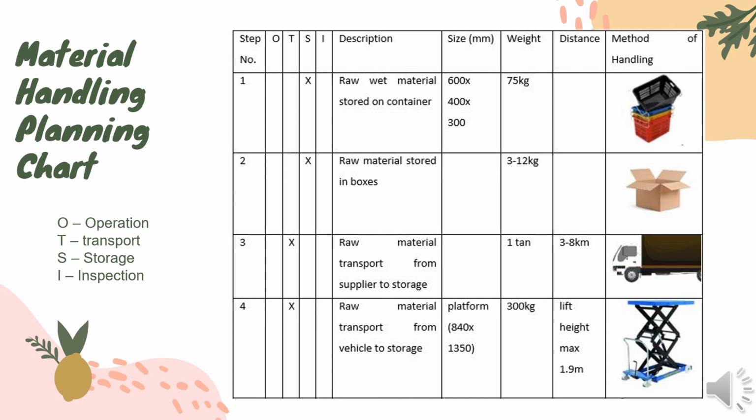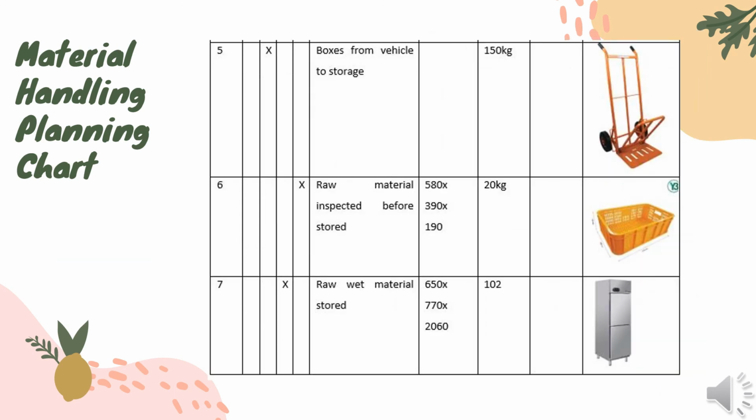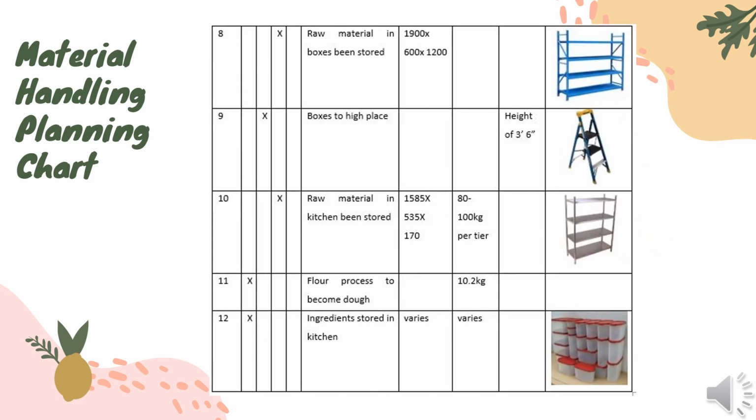The next one is raw material transport from vehicle to storage. We are using a manual hydraulic scissor lift trolley. We also use a sack trolley to move boxes from vehicle to storage, and then we inspect the raw material before stocking using crates. Then the raw material is stored in a double door freezer.